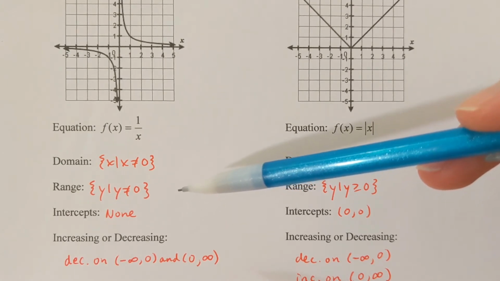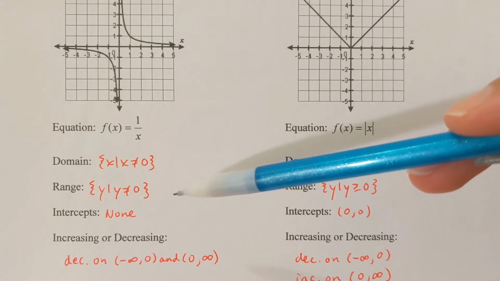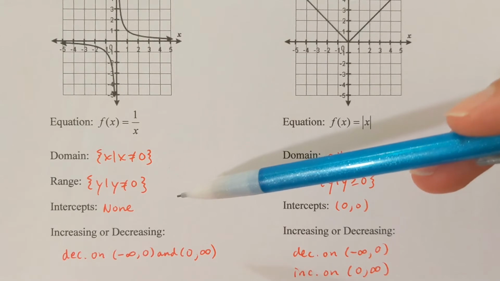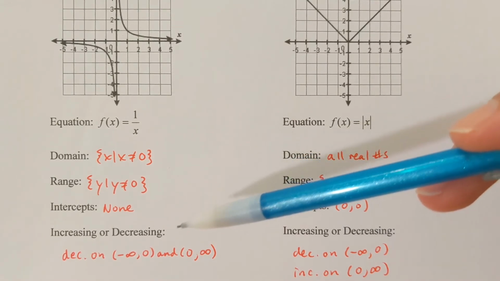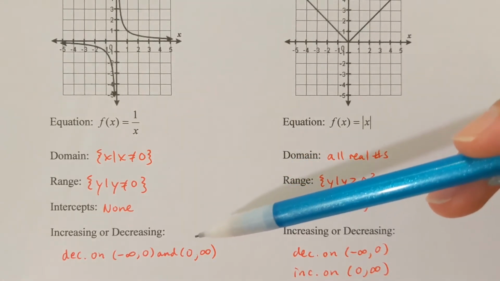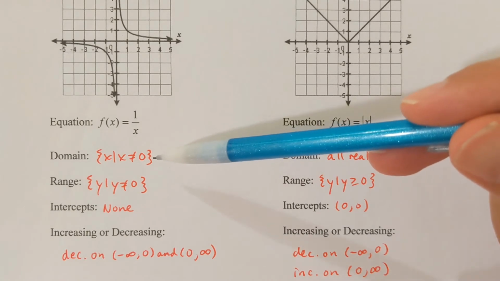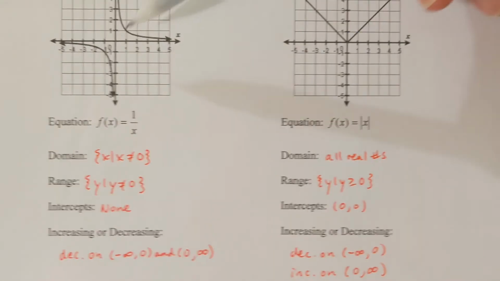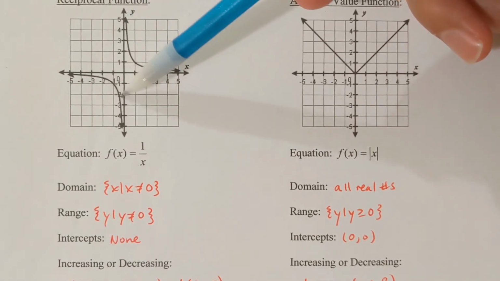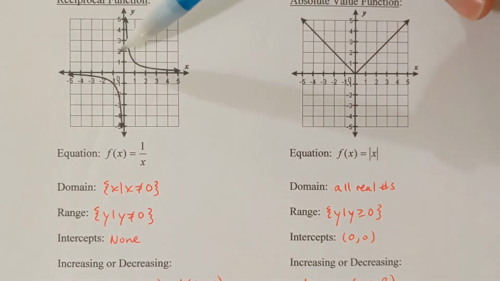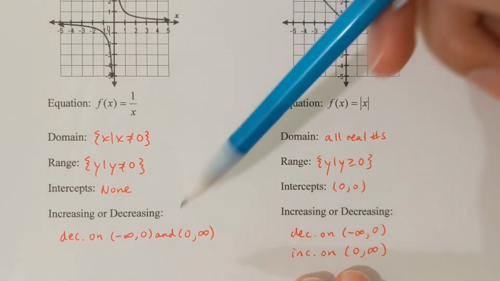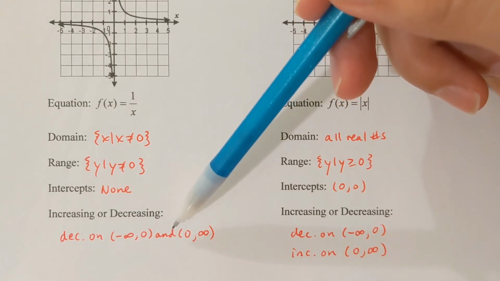X can't be 0 and y can't be 0. Okay, are we increasing or decreasing? You're going to be decreasing everywhere except for 0. X can't be 0. In other words, if I draw a tangent line to the graph, the tangent line is going to have a negative slope no matter where I draw that. Just make sure that you're not including 0.